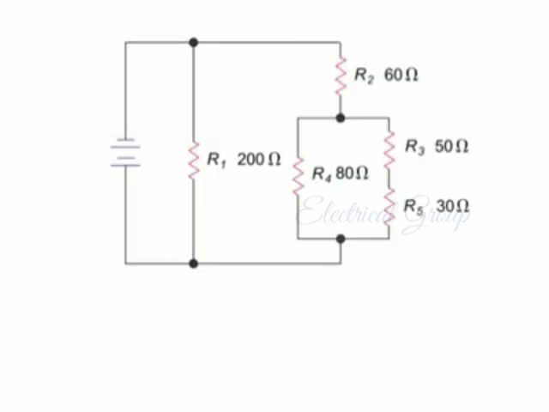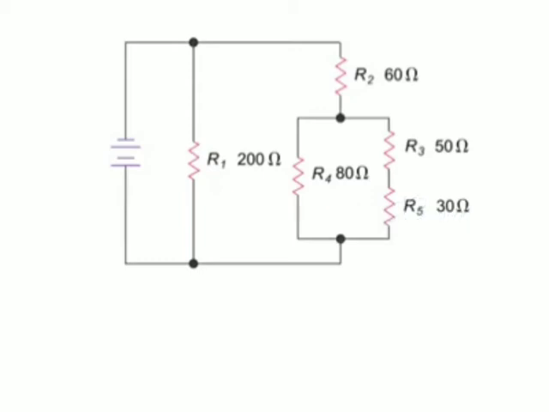Determining the resistance of a more complex series parallel circuit requires reducing the overall circuit and adding together all the combined resistance values.